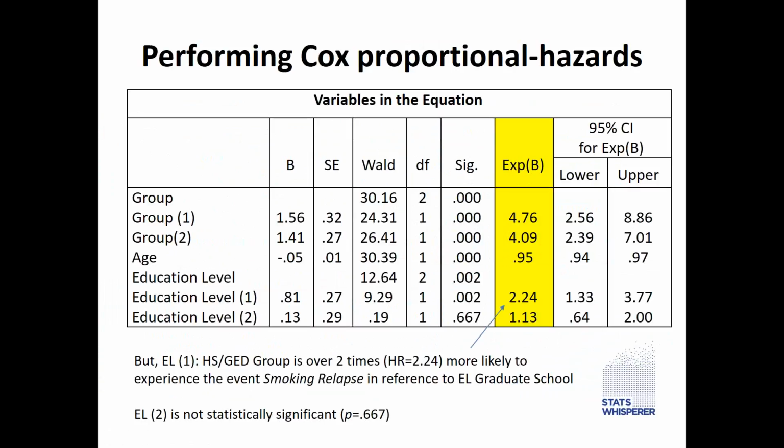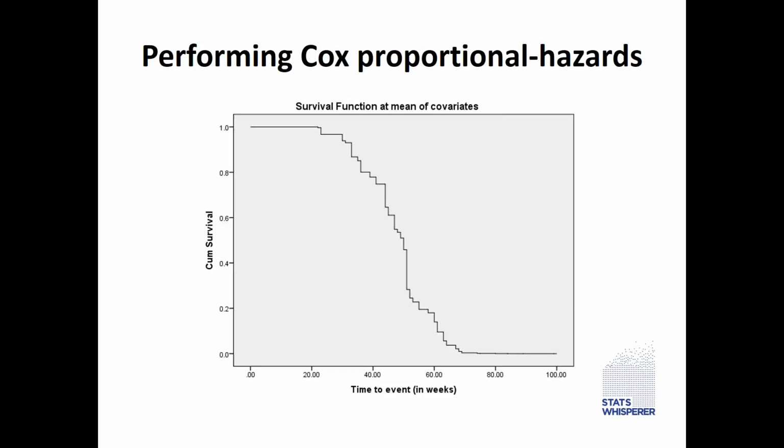So education level 1, which is high school GED, are over 2 times more likely, 2.24, to experience the event of smoking relapse in relation to the reference group, education level of graduate school, right? And you'll also see that education level 2 is not statistically significant. The p-value is 0.667. So there we go. There are the findings.